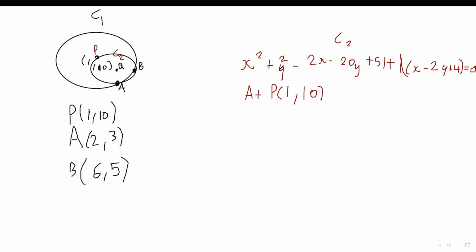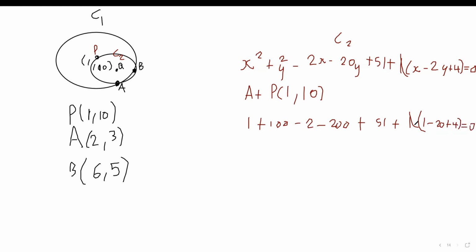You can plug in x as 1, y as 10. You'd get 1 squared is 1 plus y squared, which is 100, minus 2 times 1 is 2, minus 20 times 10, 20 times 10 is 200, plus 51, plus lambda times x is 1, so you have 1 minus 2 times 10 is 20, then plus 4, all of that equals 0.